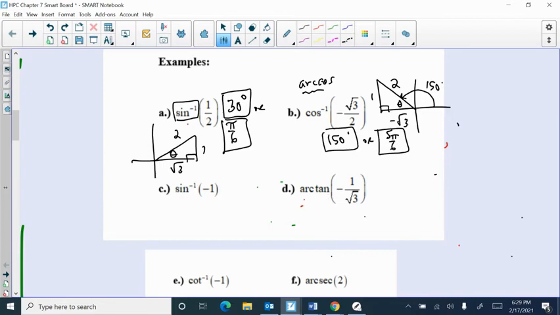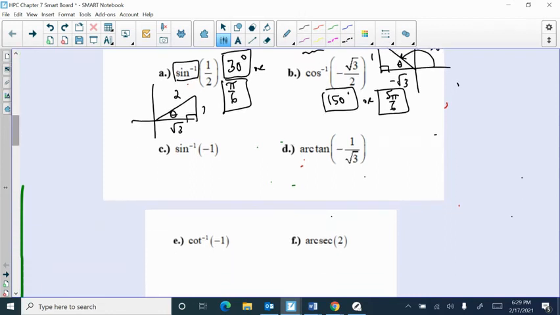Okay, I want to come down to D for a second here, and look at arc tangent of -1 over root 3. And again, I could think of that as inverse tangent, same function, right? It's asking for the angle whose tangent ratio is -1 to root 3. Now, tangent, when it's negative, you draw that in quadrant 4. And so I want to draw an opposite over an adjacent piece.